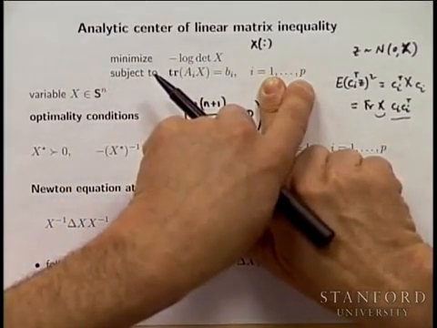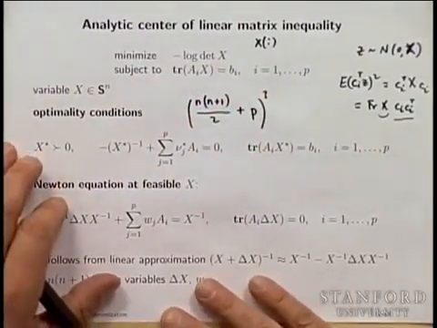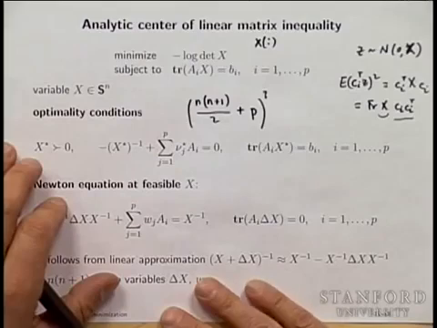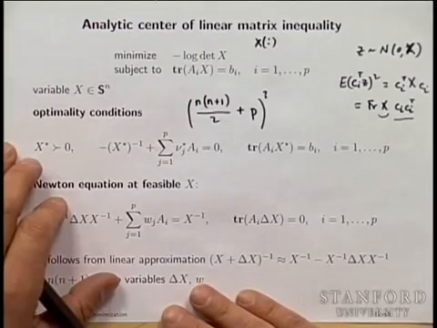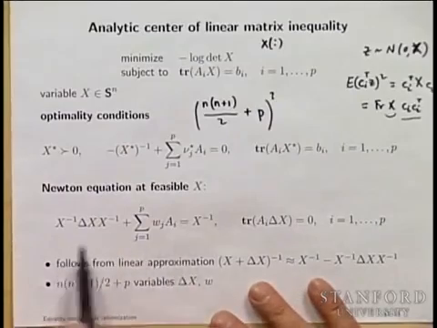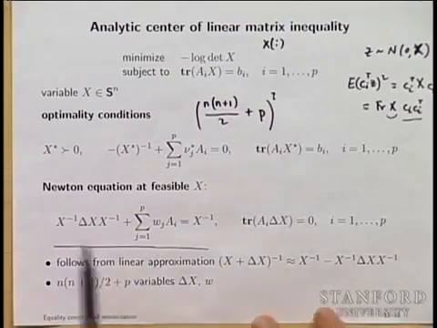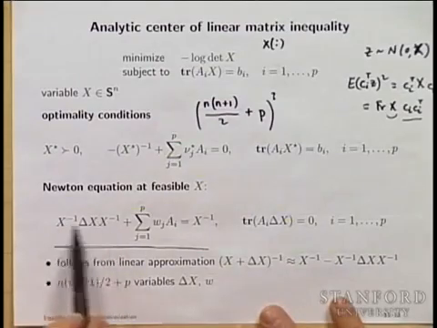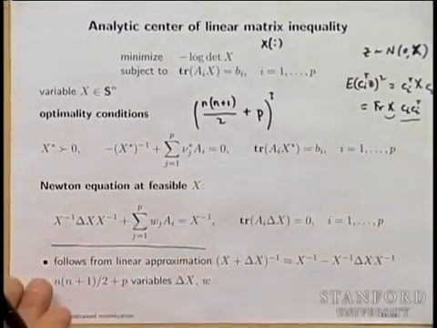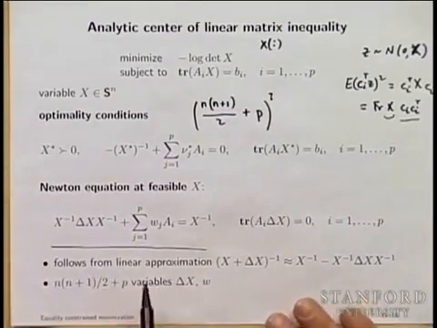It's a dense set of equations, completely dense in general, so no sparsity trick is going to help here. Those equations look like this. That's a matrix equation: X inverse delta X X inverse. This is in fact something like the Hessian, or it's complicated, but it looks like that. And there's a very simple way to derive this, actually.